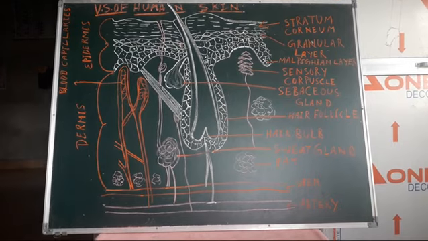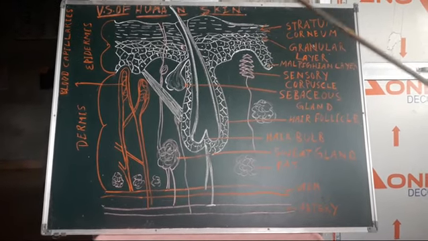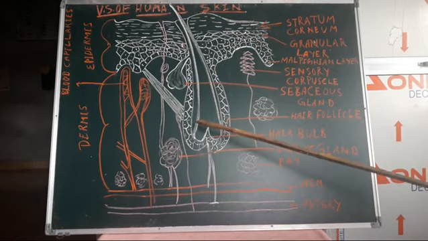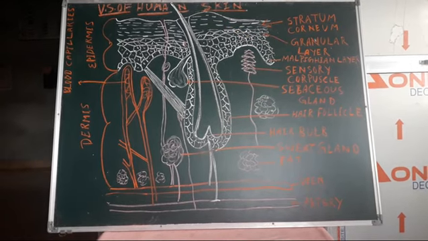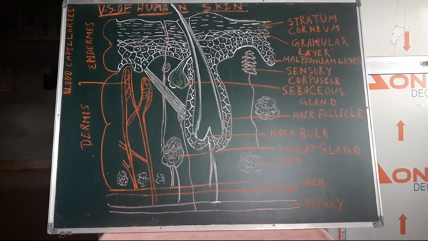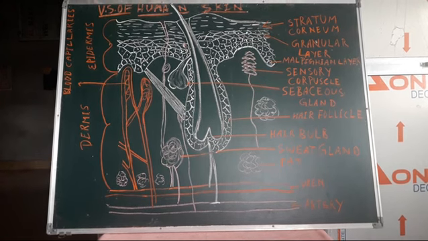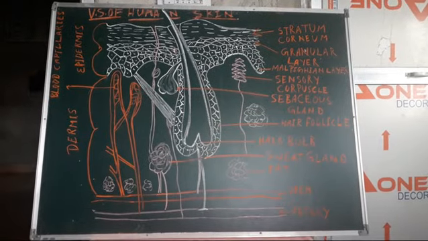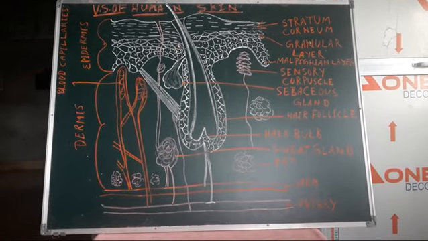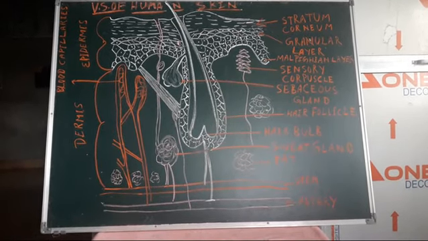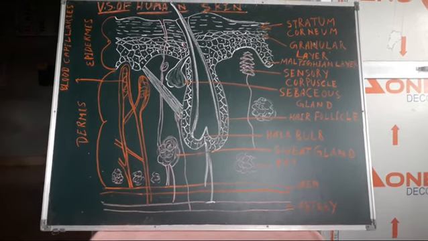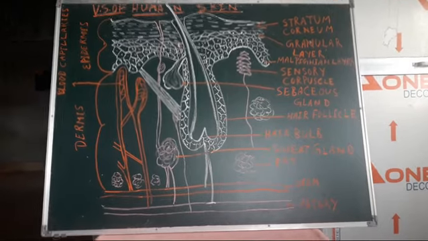Now we will see the structure of the skin. That is, a vertical section of the skin is taken here. The principal components of the human skin are skin proper and derivatives of the skin. First we will see about the skin proper.